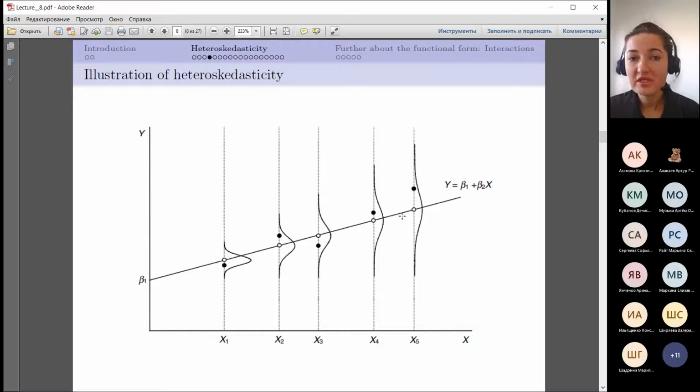But of course, this doesn't mean that the disturbance term will necessarily have a particularly large value in an observation where x is large. But it means that the probability of having an erratic value will be relatively high in this case. So this is one example of how heteroskedasticity can look. Here you can see some pattern.